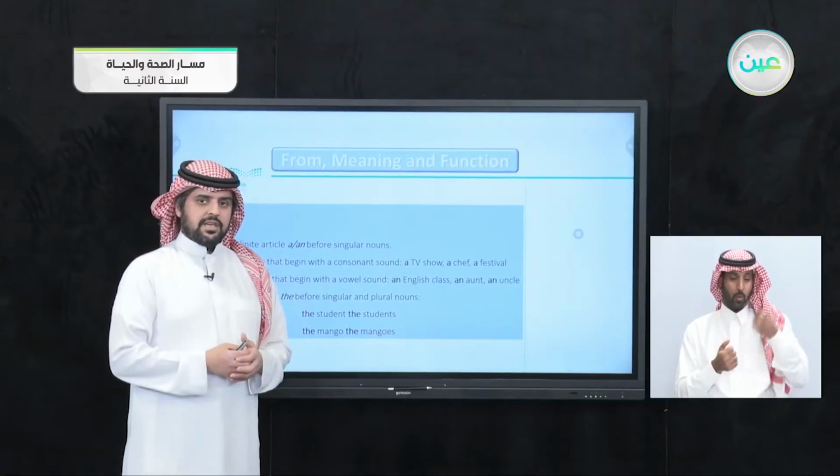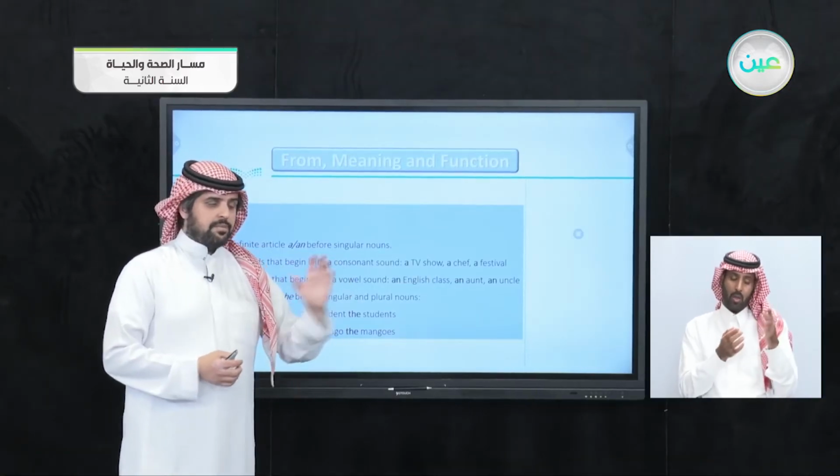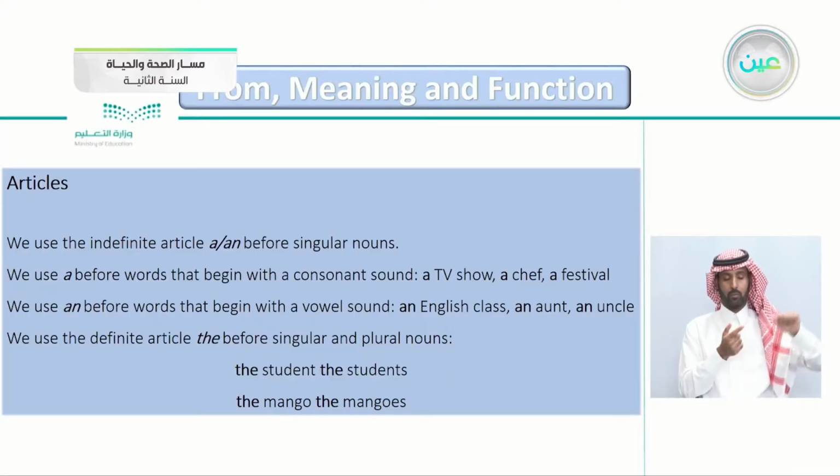When you say a car, a boy, you know that it's singular and it's a noun, or an umbrella, etc. We use a before words that begin with a consonant sound: a TV show, a chef, a festival, etc. We use an before words that begin with a vowel sound: an English class, an aunt, an uncle, etc.